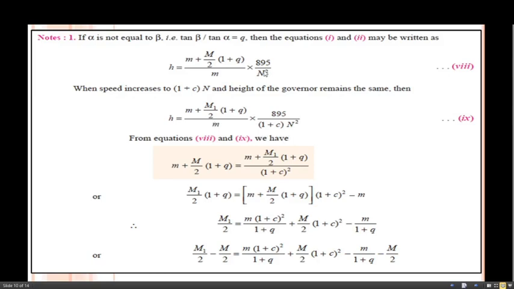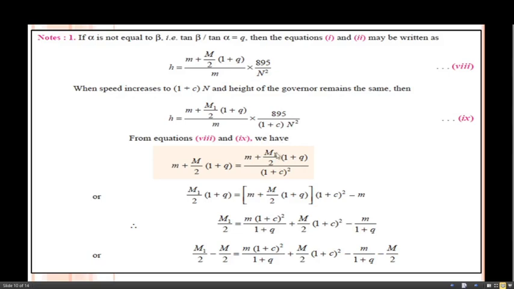So equate this equation with this equation, equating the right side of both the relations. So what do we get here? (m plus capital M) by 2 into (1 plus q), and this side, this relation with us.